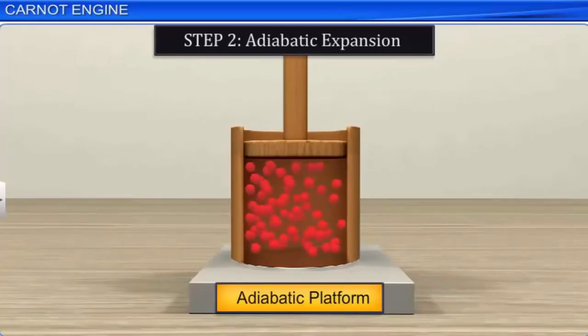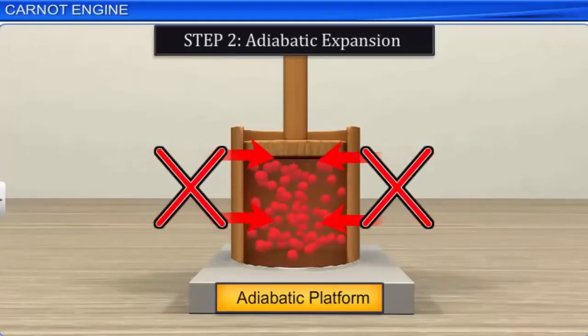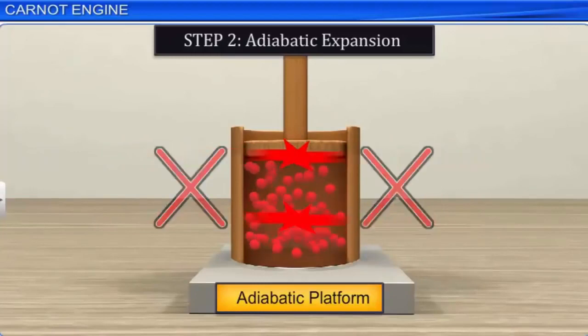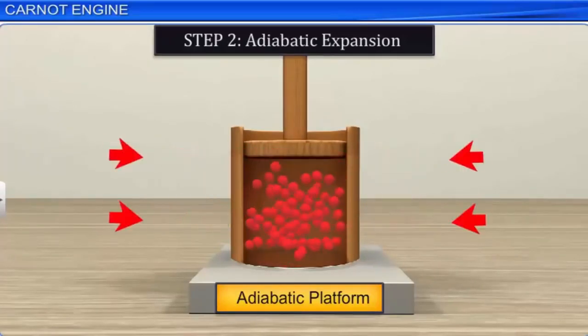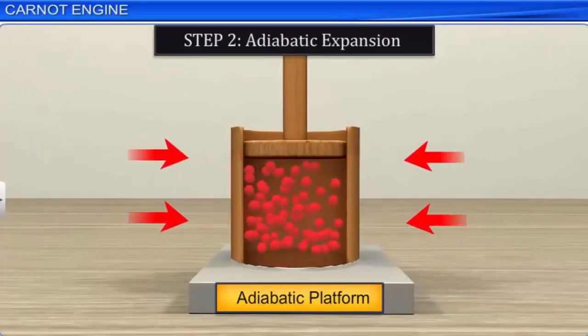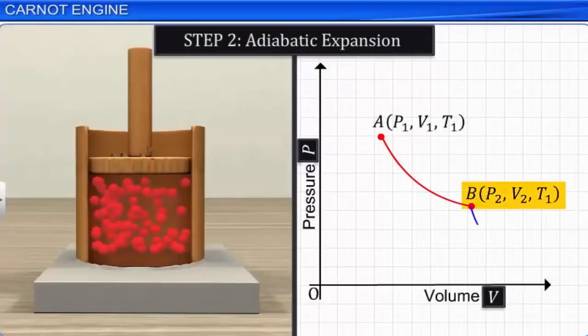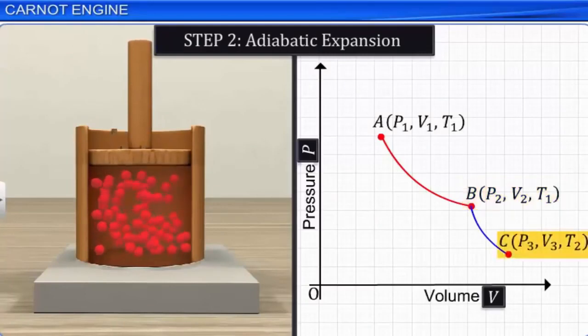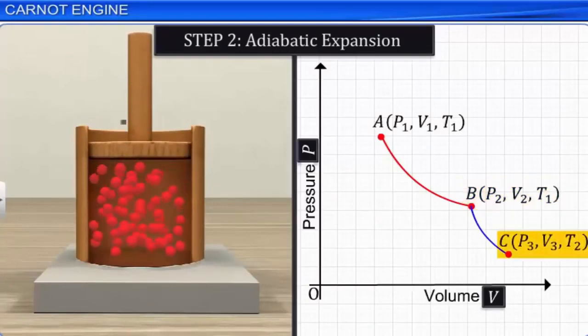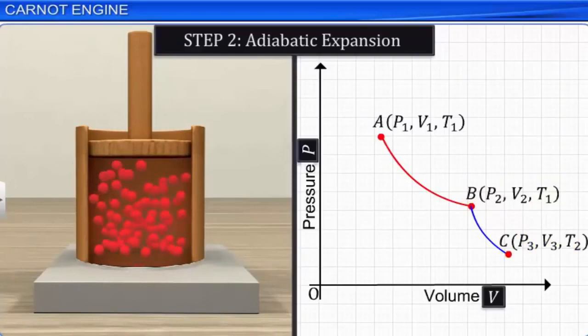Since the gas is surrounded by adiabatic material, there can be no exchange of heat between the system and its surroundings, and hence the expansion is an adiabatic expansion. Let us assume that this adiabatic expansion has taken the system from B, P2 V2 T1, to C, P3 V3 T2, and that this is represented by the BC curve in the PV diagram.